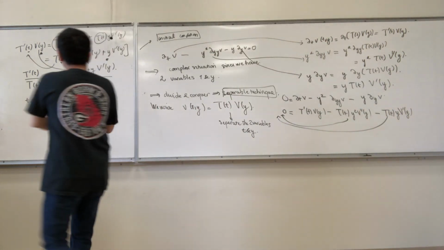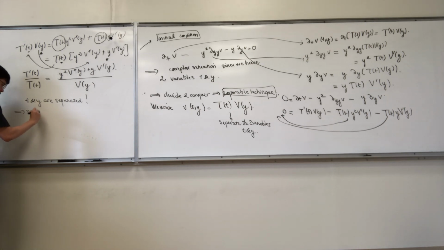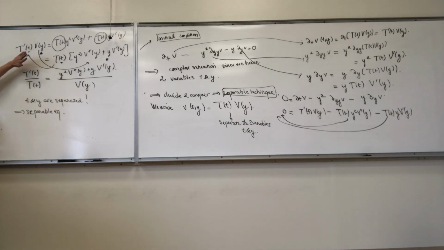Now you group everything and you divide dt to the left hand side and V(y) to the right hand side, and you get this equation. And this equation is separable, right? This is a separable equation, in the sense that T is on one side and y is on the other side.